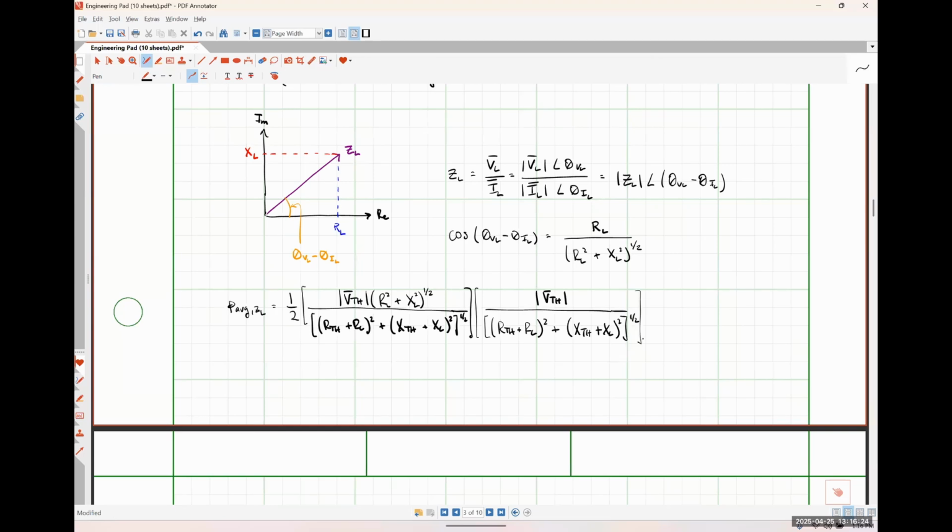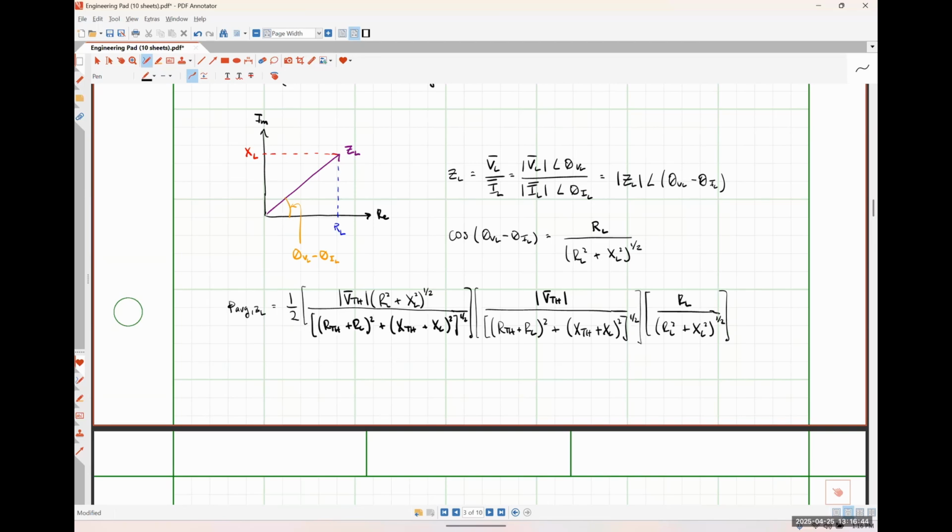Close that off. And then lastly, I need to have my cosine of theta V minus theta I, which I found to be RL divided by RL squared plus XL squared to the 1/2 power.